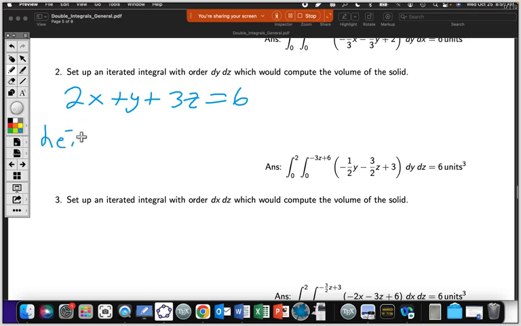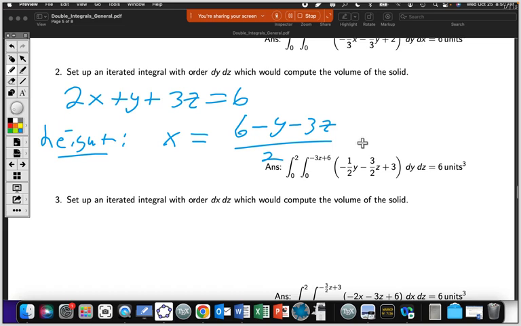So to get the height function, I would solve for x in terms of y and z. So I'd subtract off the y and the 3z and divide everything by 2. That would be the height.